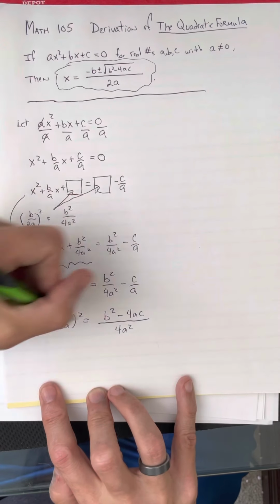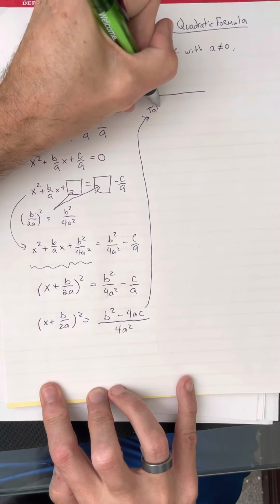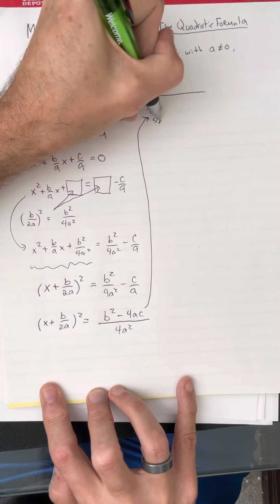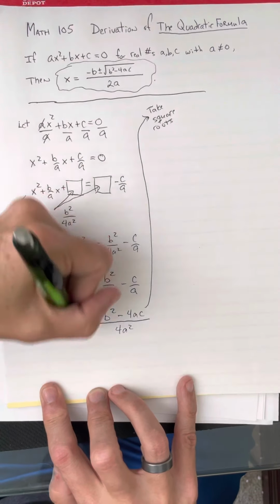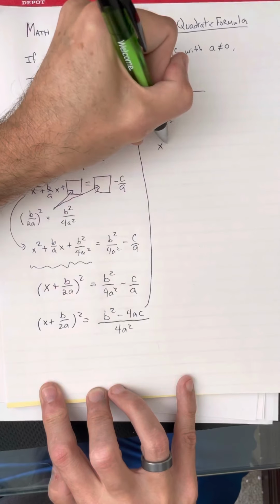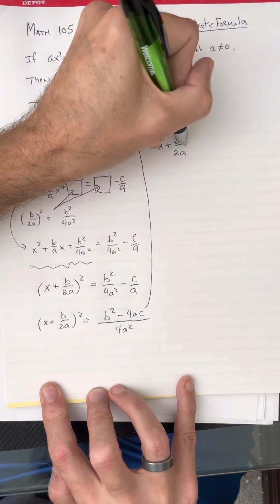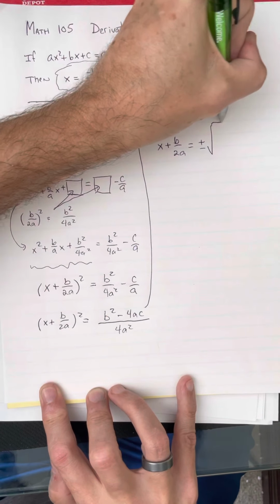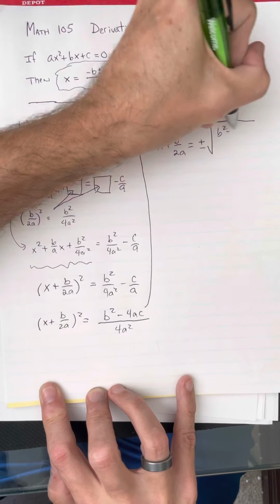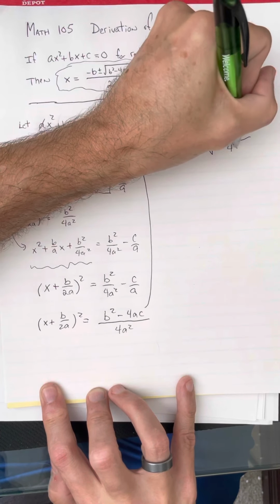Okay, so now I'm going to move it up here, and what I'm going to do is take square roots. If I take the square root of this side, I just have x plus b over 2a. And if I take the square root of the other side, I have plus or minus the square root of b squared minus 4ac, over 4a squared.